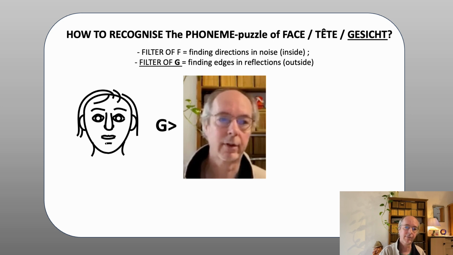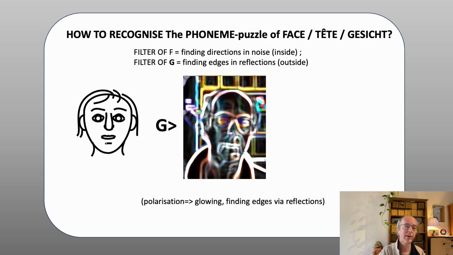It's a completely different way of filtering. One of the ways to filter this is not with noise, going from a vague thing to a strong thing. No, we filter it by filtering the light with its reflection. And one of the ways to do so is through polarization.